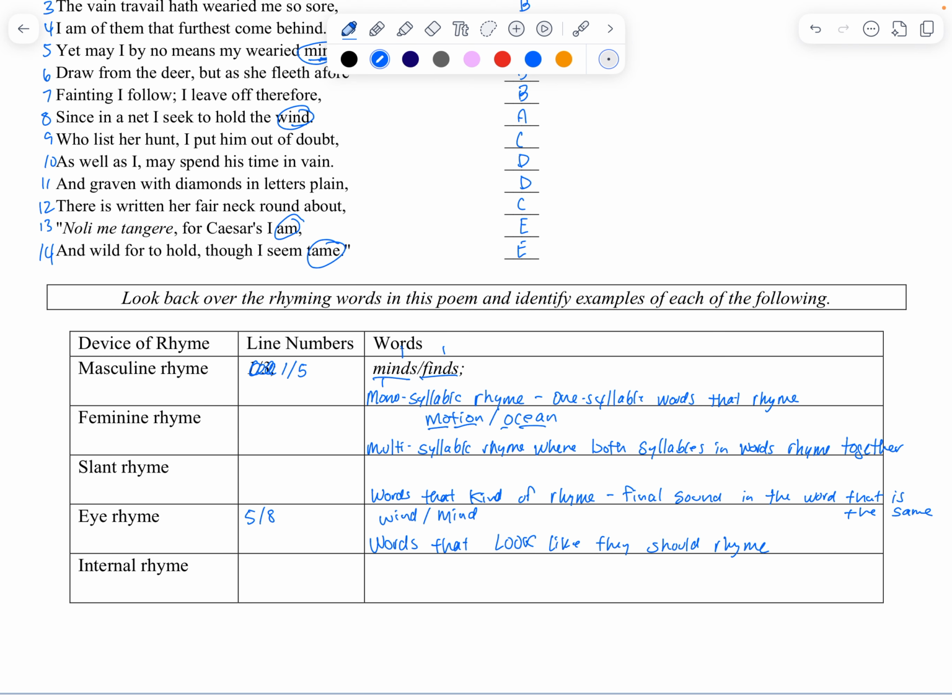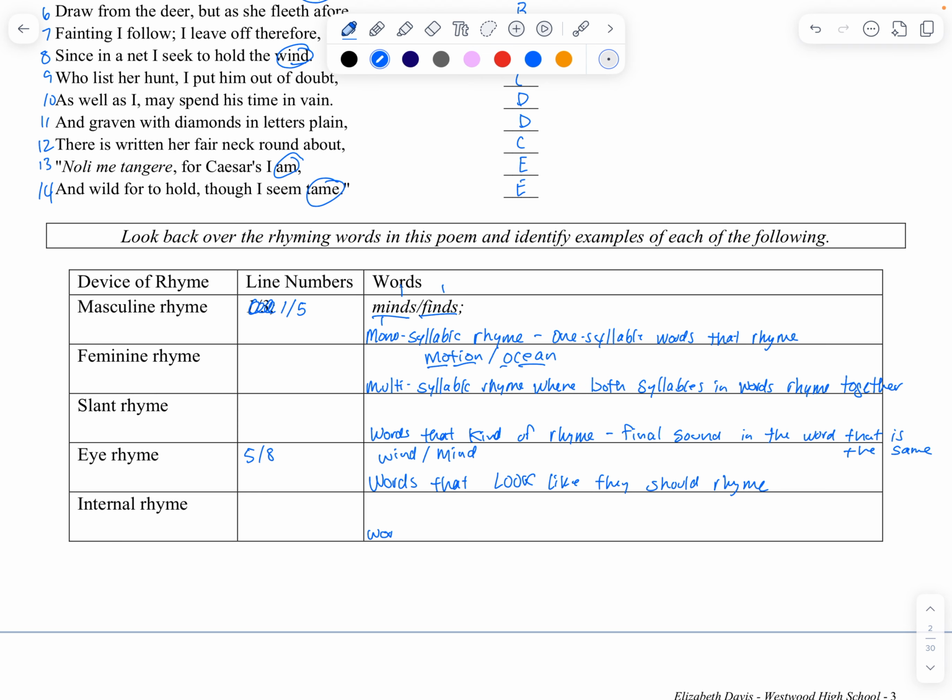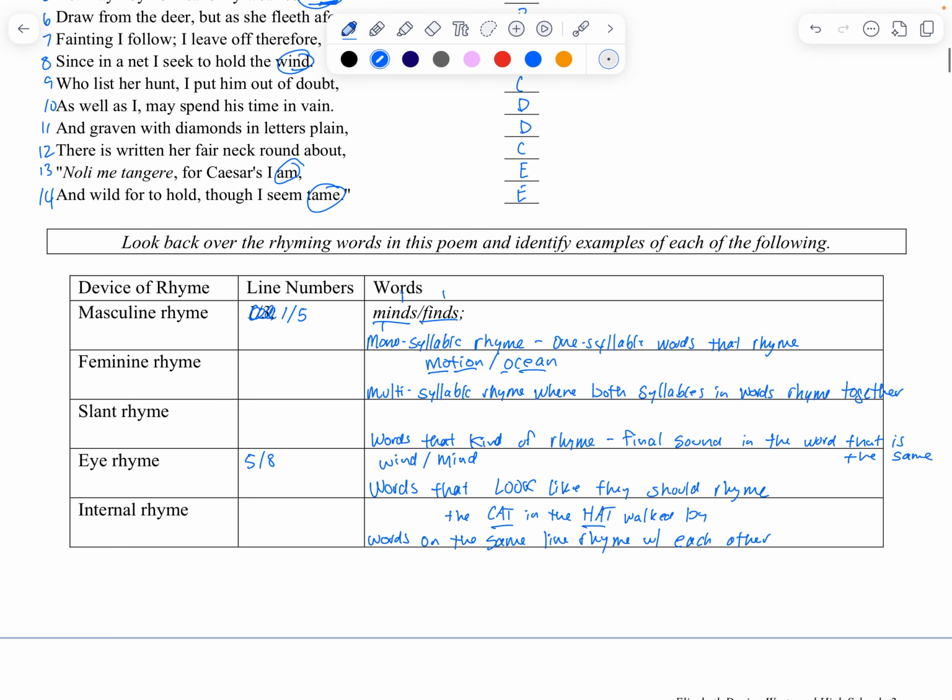And then an internal rhyme is when words on the same line rhyme with each other. Okay, for instance, the cat in the hat walked by. Cat and hat rhyme with each other.